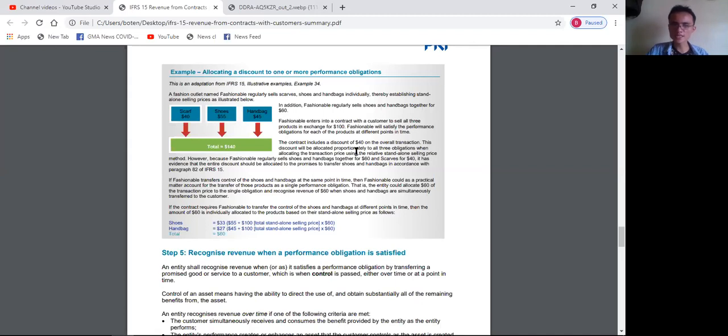It's the same as the $40 when I compared $100 for the three of them with the $140 overall.